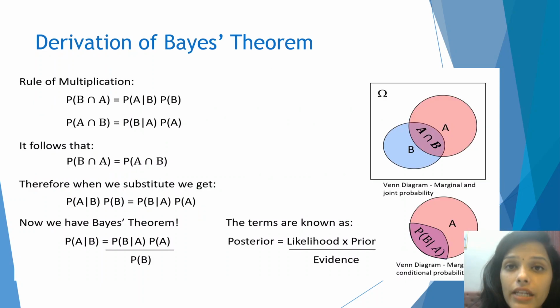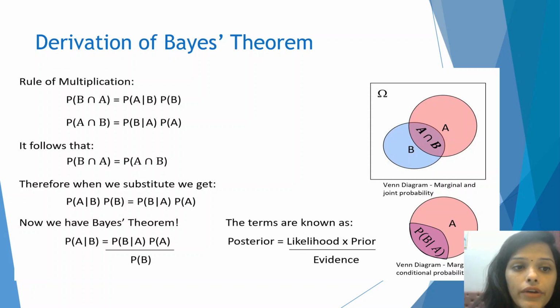So let's get into the derivation of Bayes' theorem. As per the mathematical rule for multiplication, we are aware that probability of B intersection A is equal to probability of A given B into probability of B. Similarly, by interchanging the sets, we can write probability of A intersection B is equal to probability of B given A into probability of A. This rule of multiplication we are already aware of.